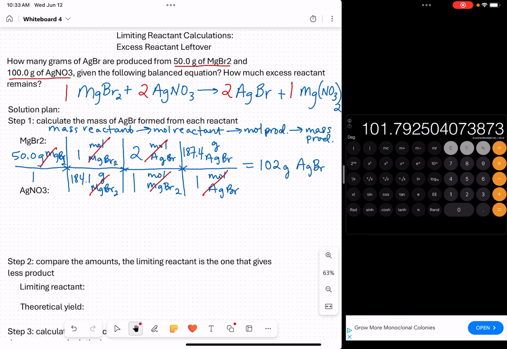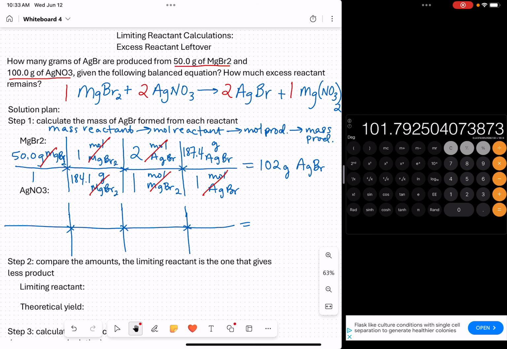Let's do the same thing with silver nitrate and see what we get. I'm going to use the same exact template, my 3-step conversion, multiplying by the 3 conversion factors.